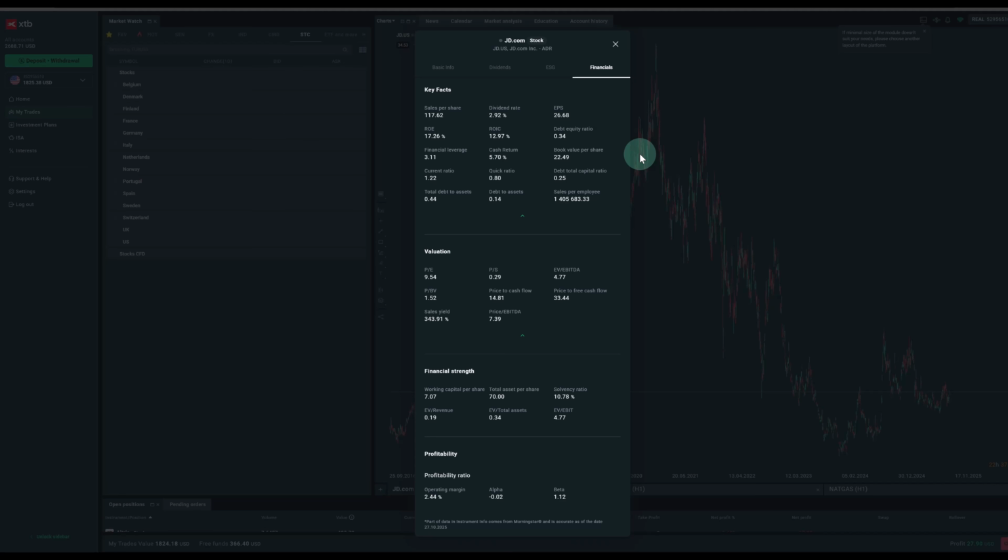It's not interesting at the moment, but on paper, JD's metrics are stronger than most Western retail platforms at a fraction of the price. So it's a cash generating, asset heavy e-commerce leader with one of the best logistics systems in Asia. Stock trades at PE below 10, and that makes it one of the most undervalued large cap e-commerce companies globally. But it's not without risk, okay?